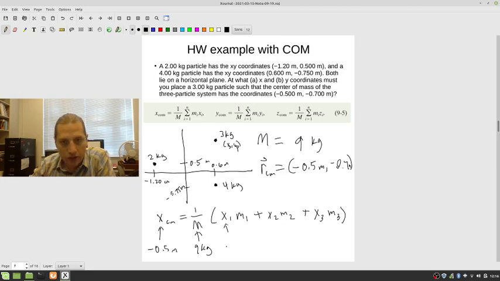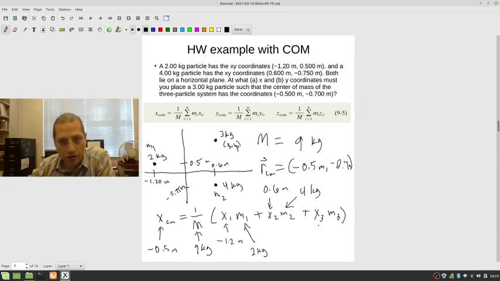I know my x, let's call this m1, m2. My x1 would be minus 1.2 meters. My m1 would be 2 kilograms. My x2, that's this object, would have 0.6 meters as the x coordinate, and then the mass would be 4 kilograms.